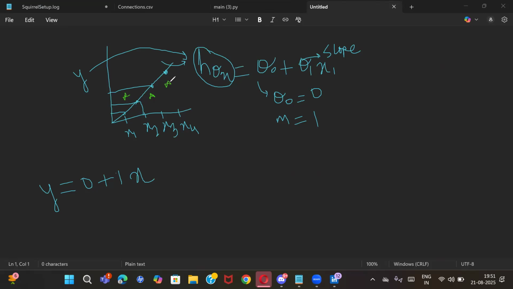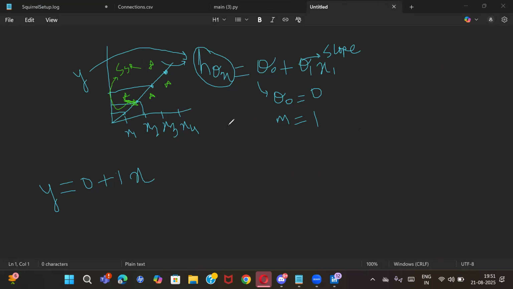So what we are going to do is find the difference of it, and that is what we call the sum of residuals, SSR. And what is my cost function? The cost function is basically the distance which we are calculating.